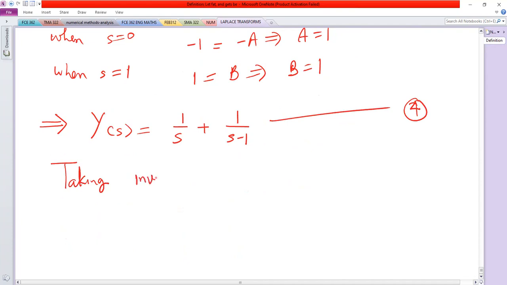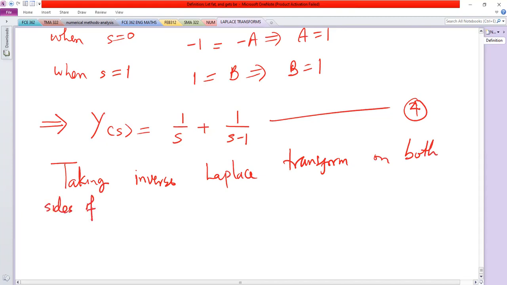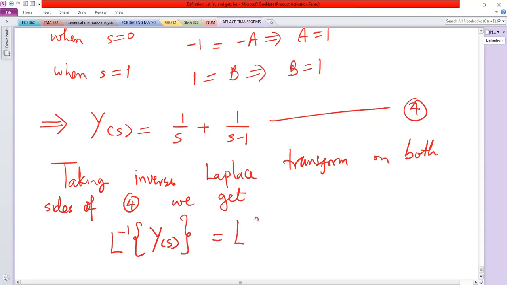Taking the inverse Laplace transform on both sides of 4, we get the inverse Laplace transform of capital Y of s is the inverse of 1 over s plus the inverse of 1 over s minus 1.